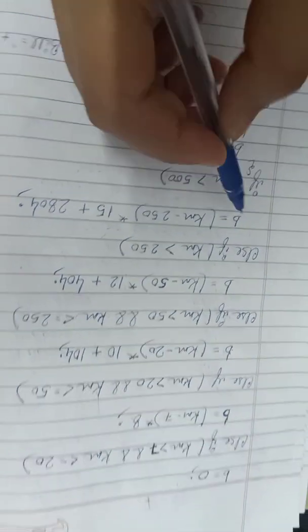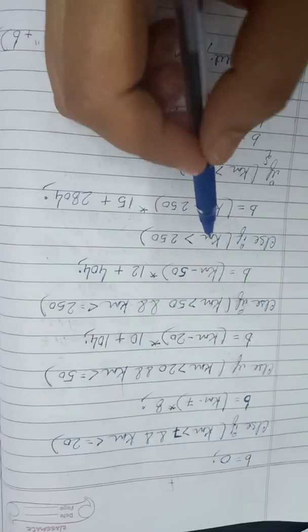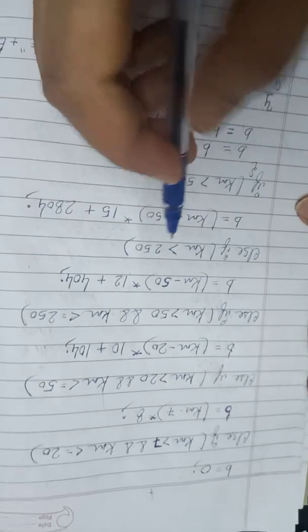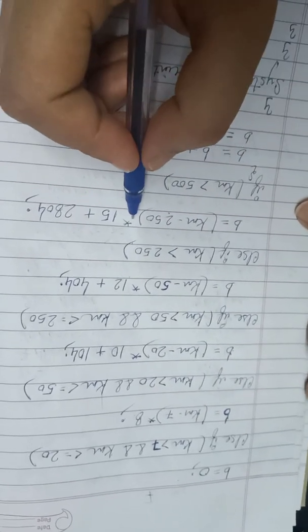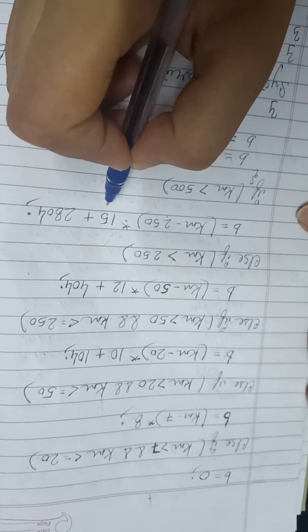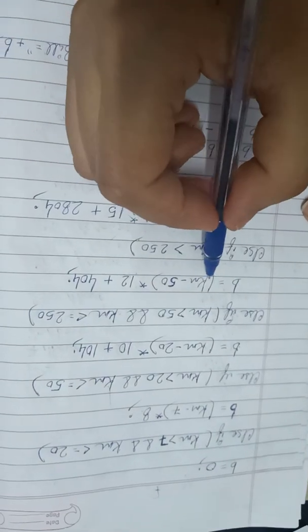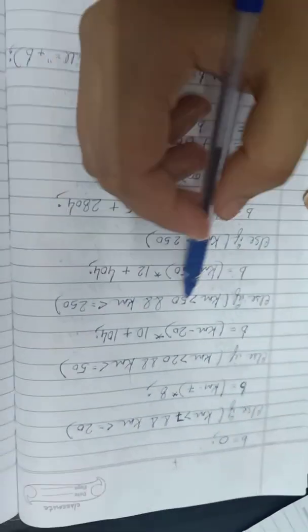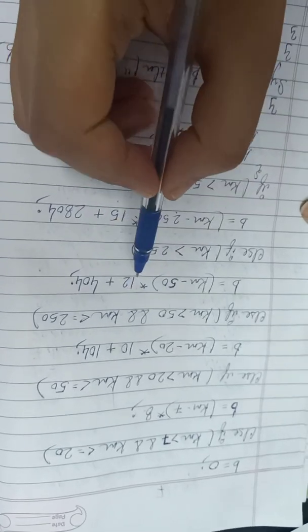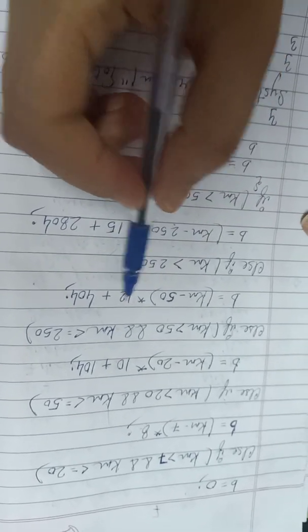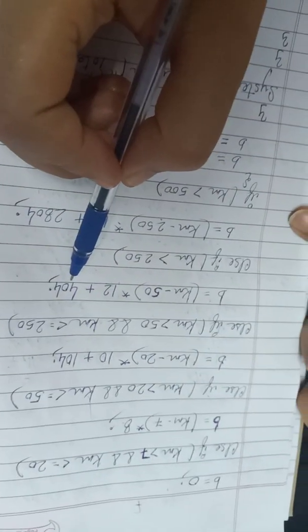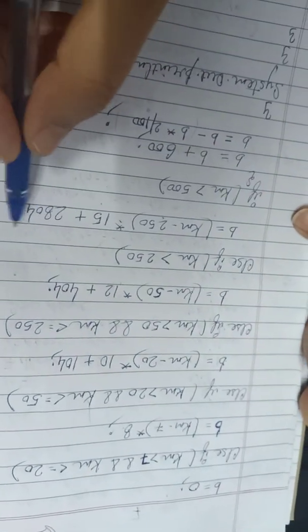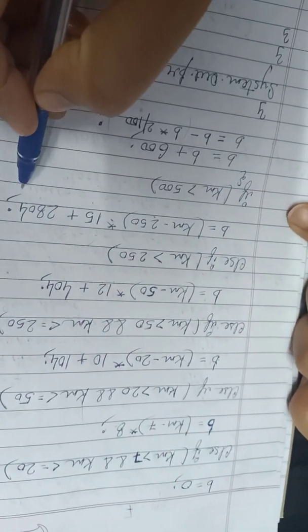Now next, bill is equal to, kilometer greater than 250: (kilometer - 250) into 15, charges 15 rupees per kilometer. 250 minus 50 is 200, 200 into 12 is 2400, 2400 plus 404 is 2804. Your previous value will get added over here.